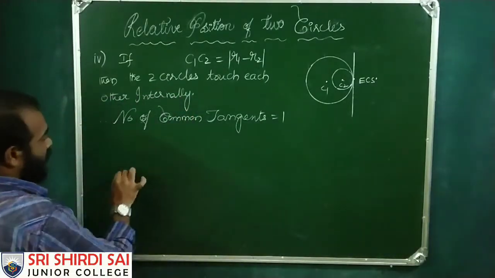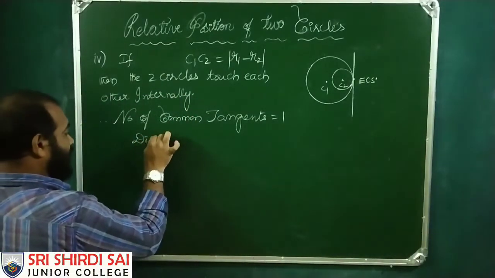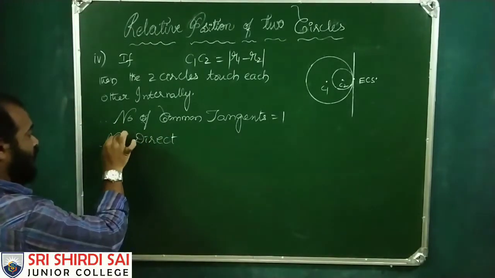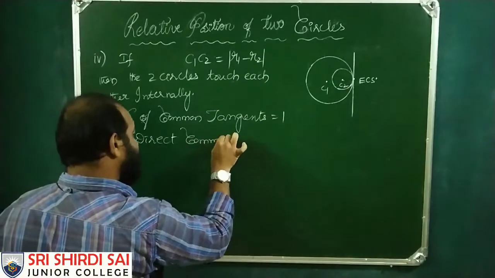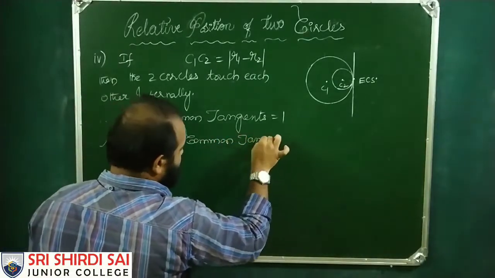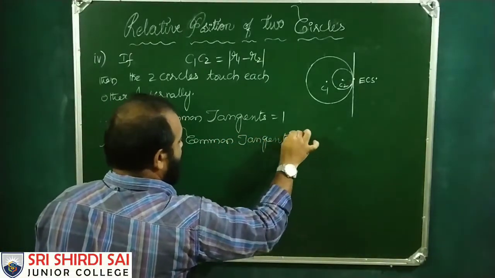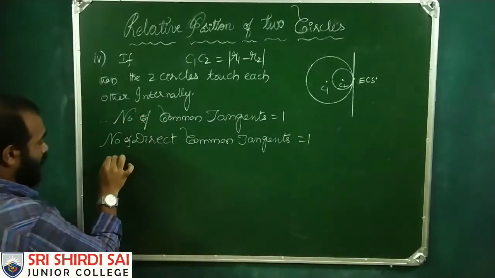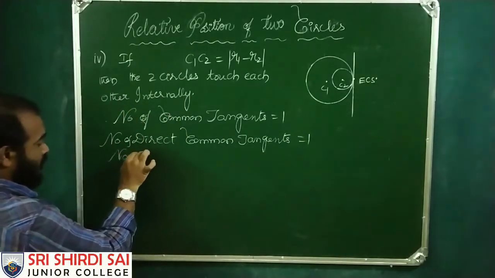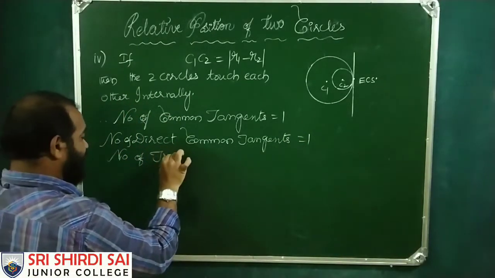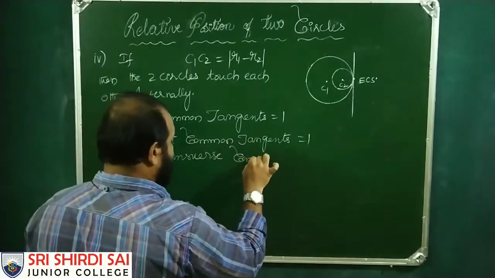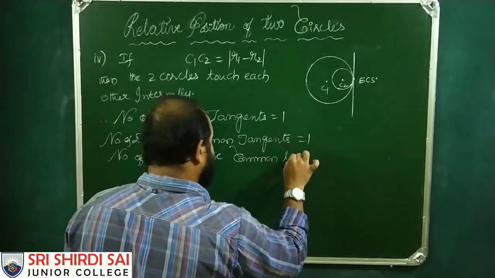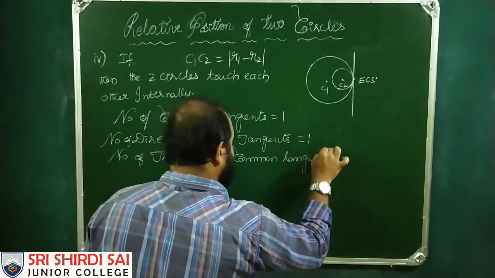Therefore, the number of direct common tangents is equal to 1, and the number of transverse common tangents is equal to 0.